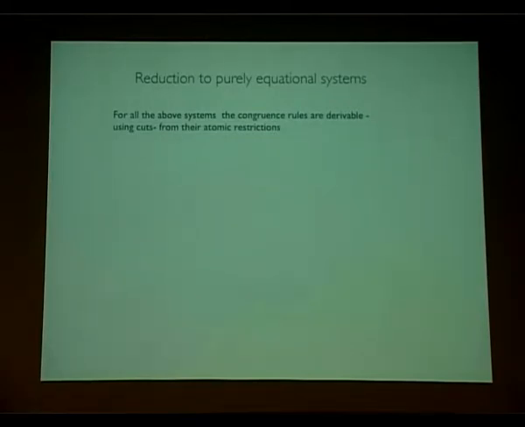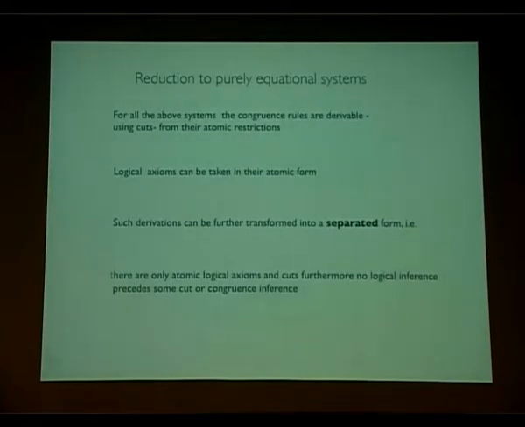It goes like this. These are things that you can get from Lifshitz's work, essentially. You can reduce the cut and the congruence rules to act on atomic formulas only. This requires cuts to begin with. The logical axioms, as usual, can be taken in atomic form.